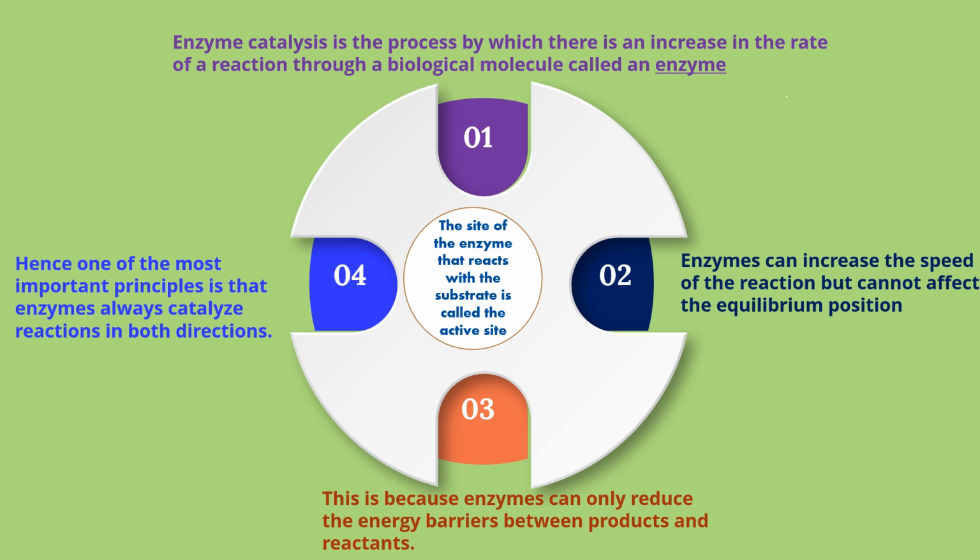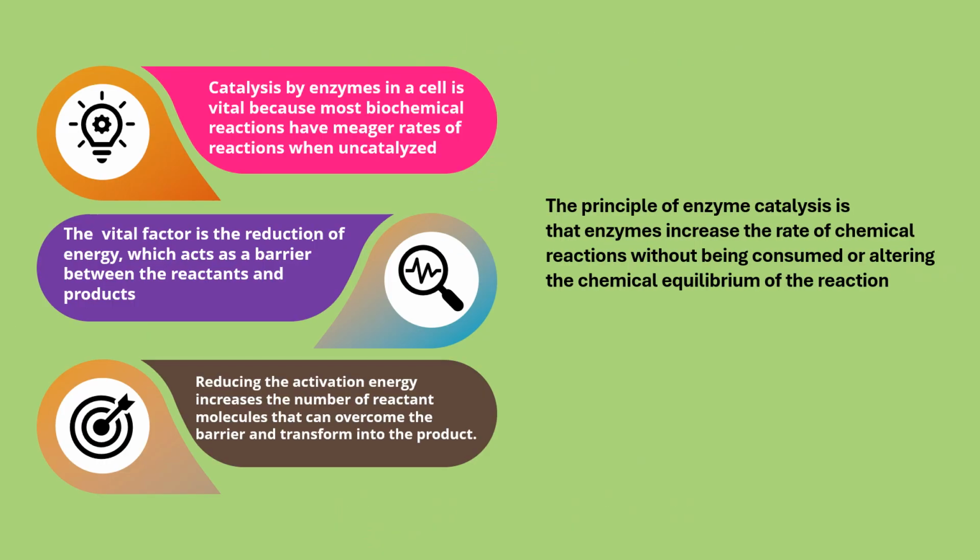We also have to note that the site of the enzyme that reacts with the substrate is called the active site. Also, we see that enzymes can only reduce the energy barriers between products and reactants, and hence one of the most important principles is that enzymes always catalyze reactions in both directions.